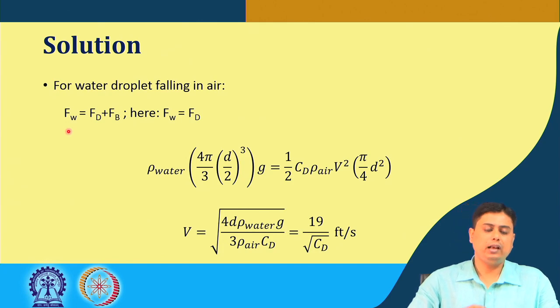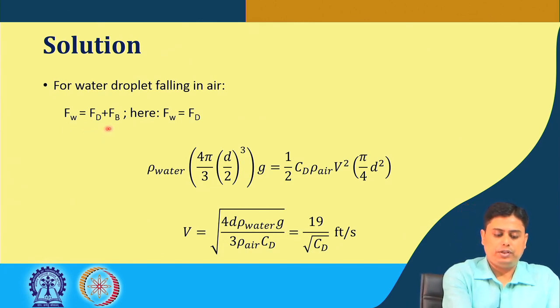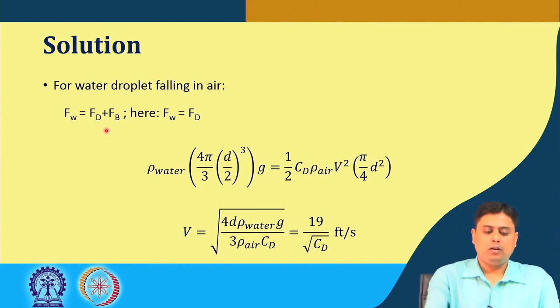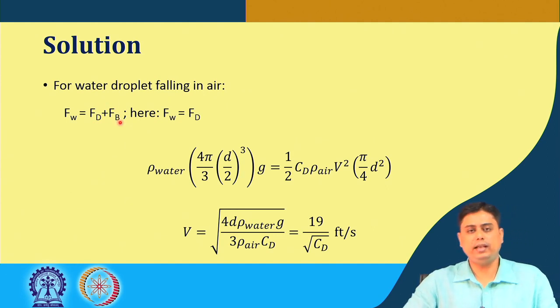If you remember that, you can easily do this force balance and appreciate this expression. Here again, the buoyancy force is related to the density of air, which is much lower than the density of water. So we safely neglect that influence. In this case, the weight of the water droplet is balanced by the drag force acting on it.